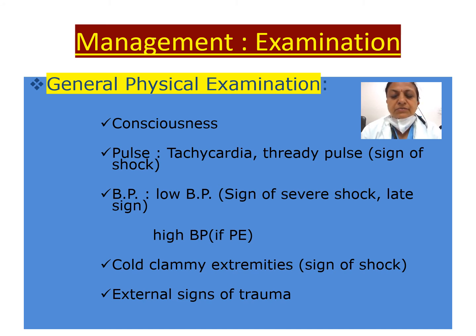Sometimes the patient comes with a history of a fall or a road traffic accident, or home family violence, and she has been beaten by somebody. Then there is the possibility of internal bleeding, which is abruptio placentae.